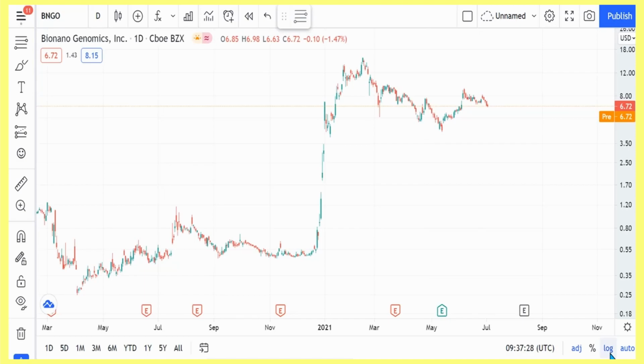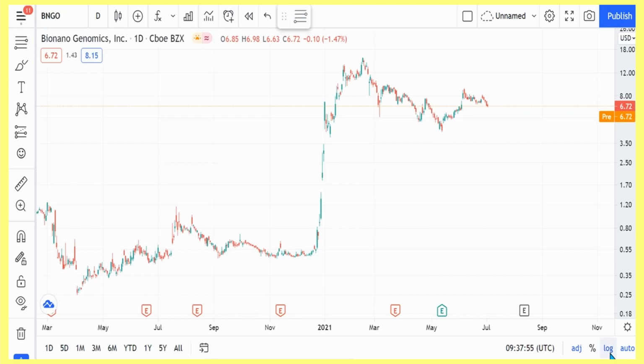Let's say a price moves from $10 to $20. In terms of percentage, that is a 100% increase. In the same manner, if the price increases from $20 to $40, that is also a 100% increase.